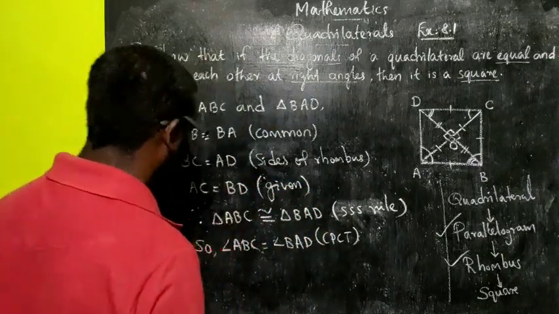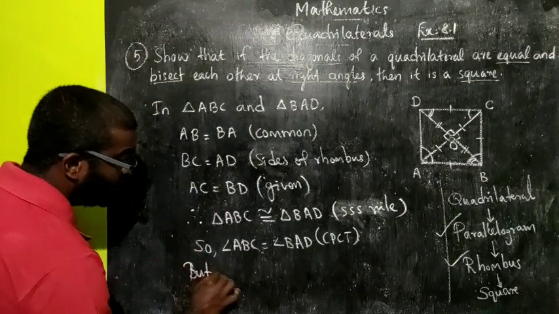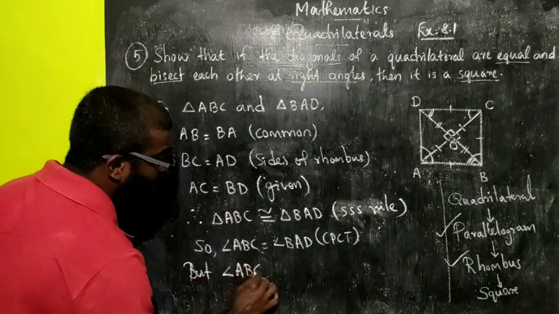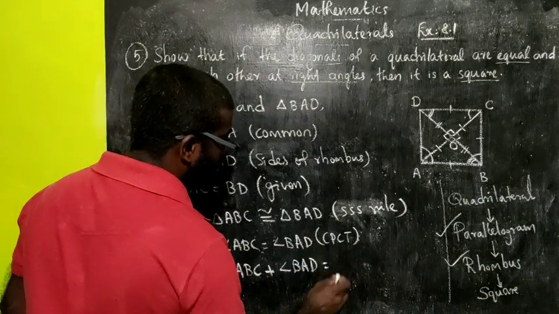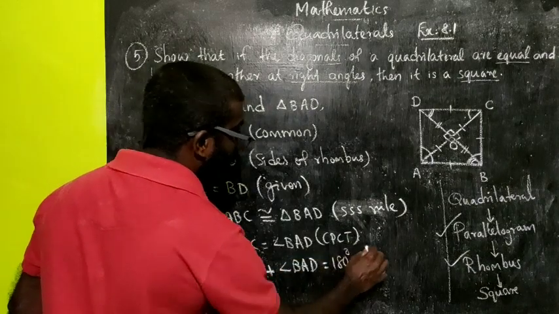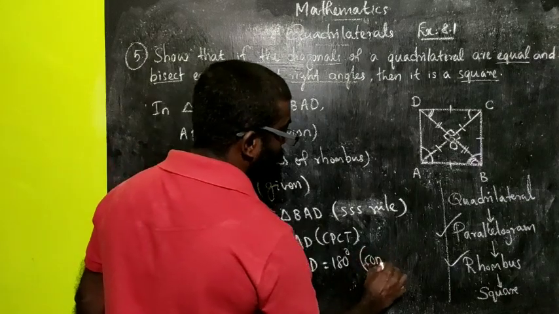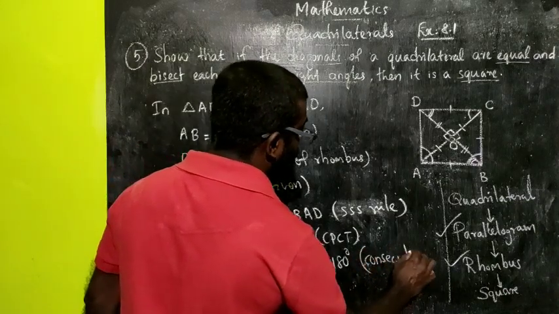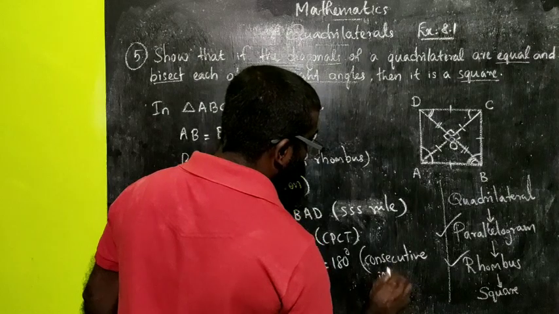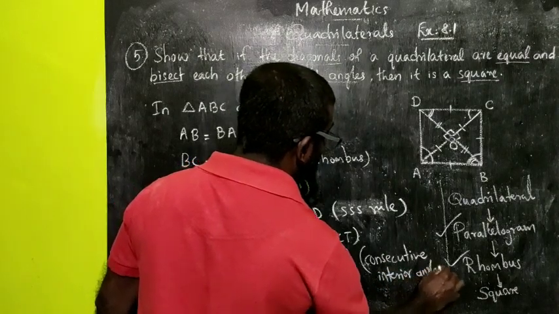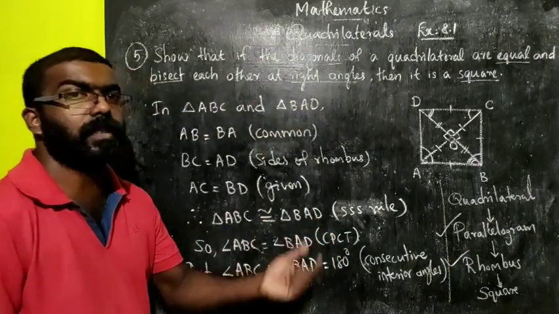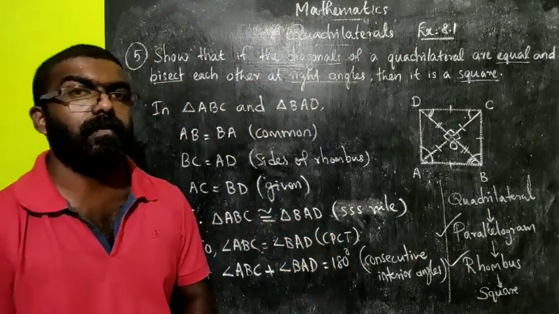So here we can write, angle ABC plus angle BAD equal to 180 degree. Reason, consecutive interior angles or interior angles on the same side of the transversal, or we can say allied angles. There are different names for this angle. You can write any one of them.